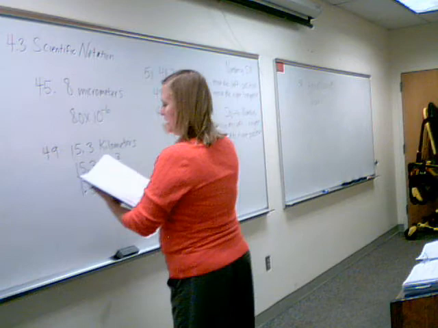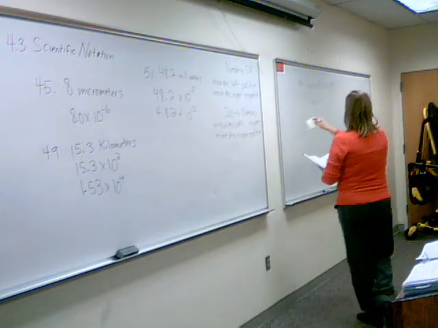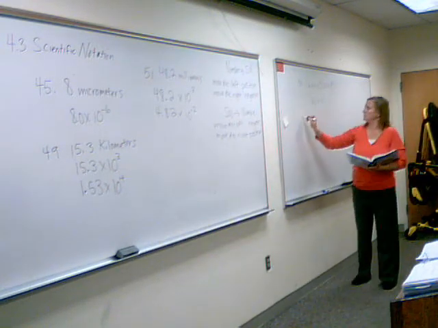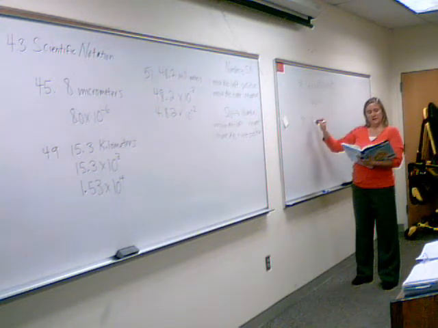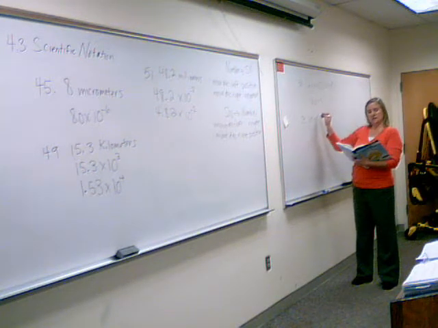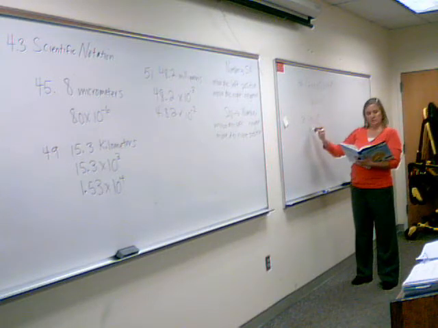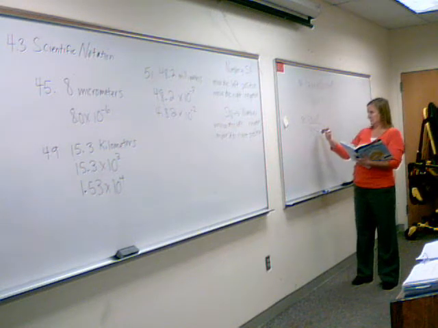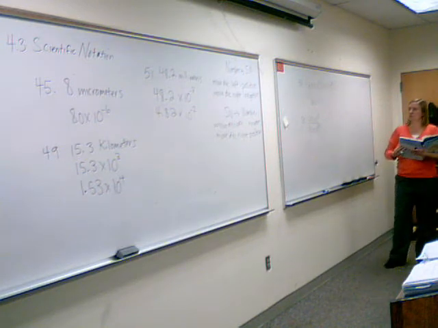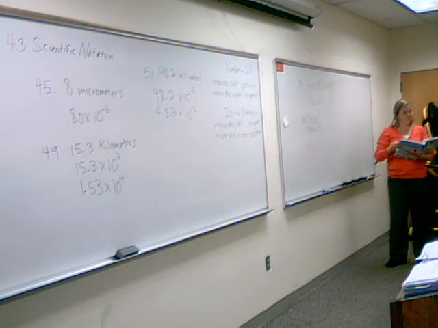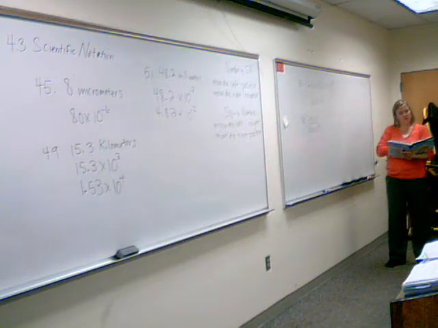Number 59, when I try division. 9 times 10 to the -5 over 3.0 times 10 to the -2. Okay, so what's our first step? Divide.